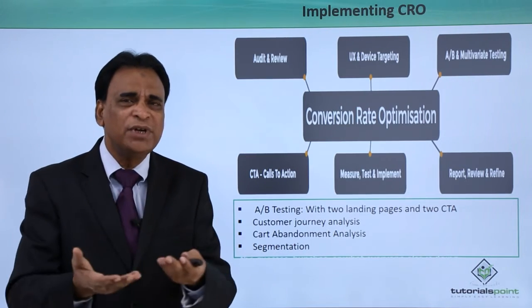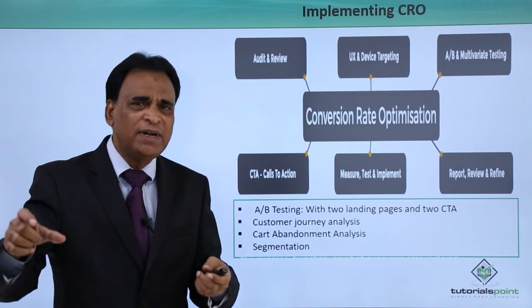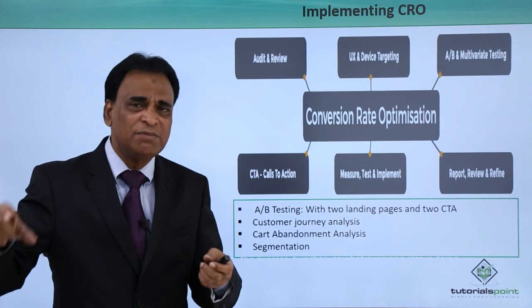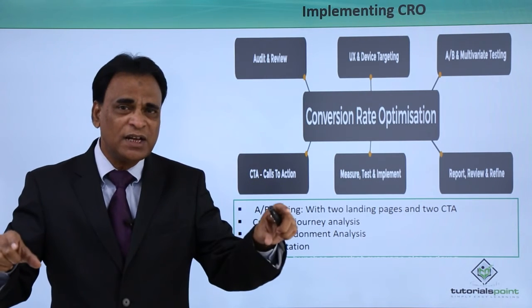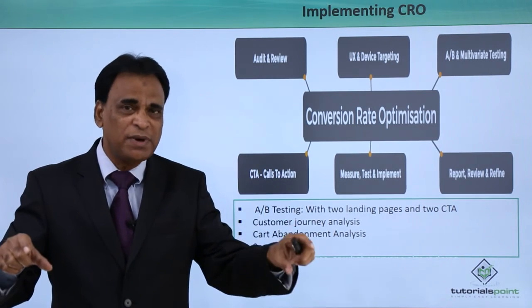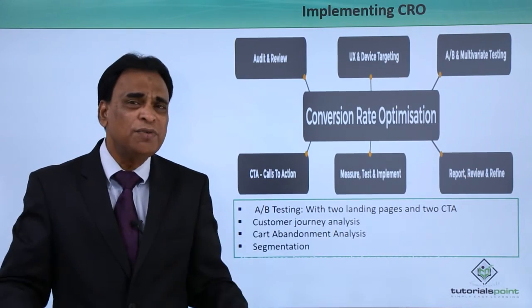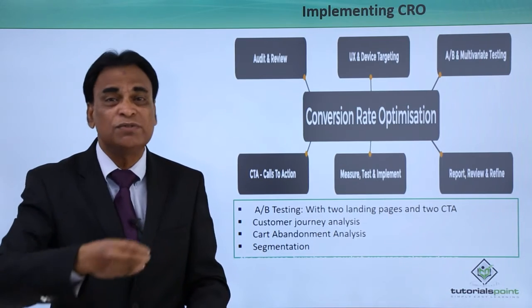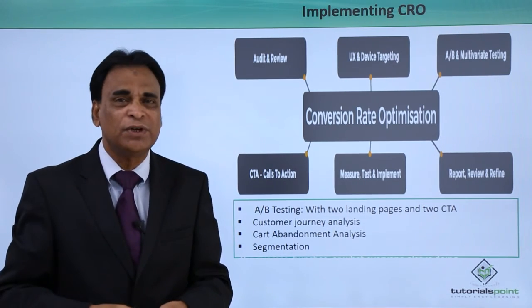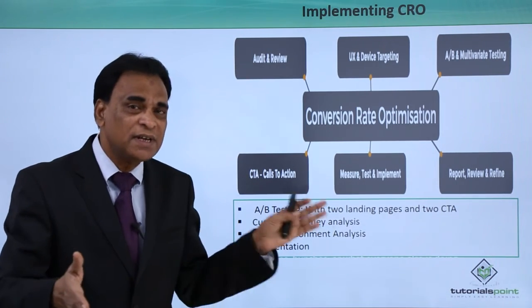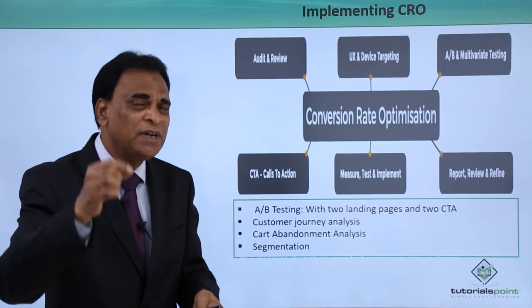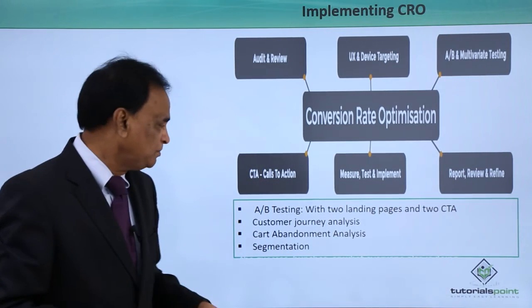Have a landing page with a call to action, have another landing page with a call to action as well, drive traffic multiple ways, and see which one is converting more traffic and generating more revenue for you. You can try out this test, and it really works. It is a tried and tested formula.